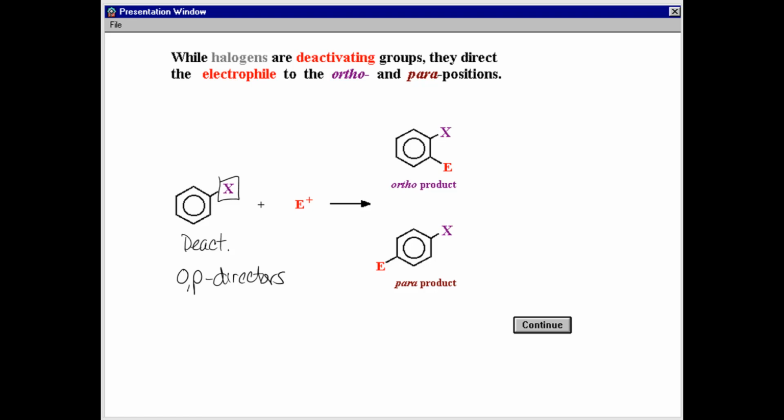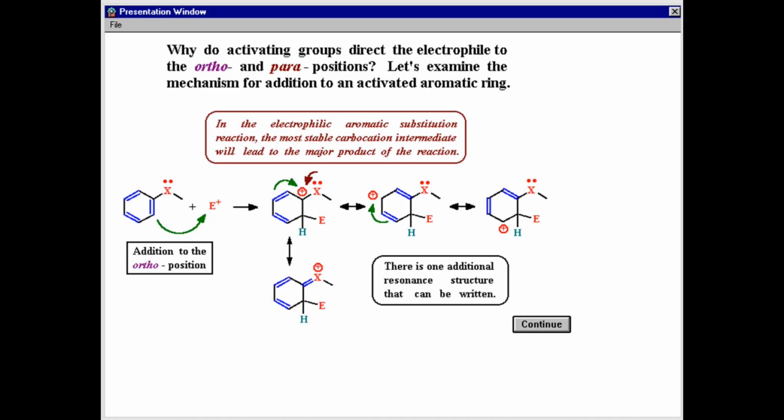Okay, so here's what we do. And what we do is we think about what would happen if I took my prototypical activated group and add my electrophile to the ortho position.